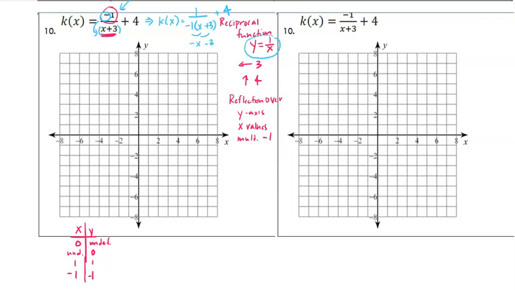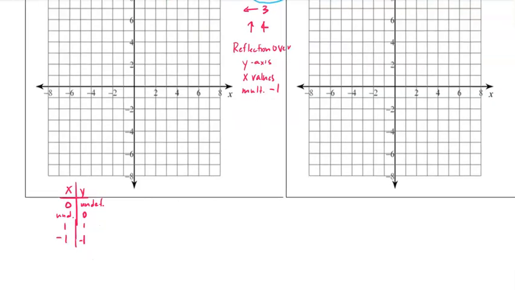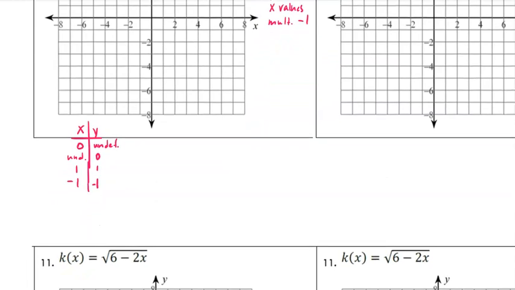My movement is still going to be left 3, but this is the sequence of the transformations, just like the other transformations. Reflections over the y-axis come first, so I'm going to multiply all of these x's by negative 1. That's going to be 0, undefined, undefined, 0. Those don't change, but you have negative 1, 1, and 1, negative 1.